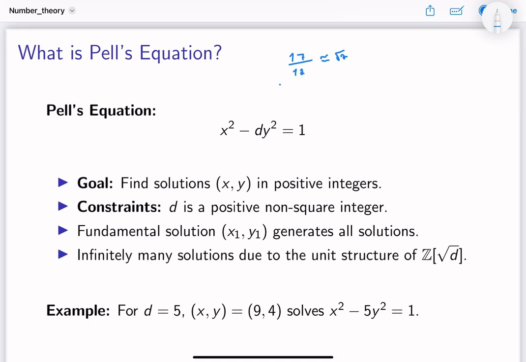But then people also noticed that the rational number 577 over 408 is also a good approximation of the square root of 2. So there is something really happening here. It's not clear why such a rational number would be a good approximation of the square root of 2.